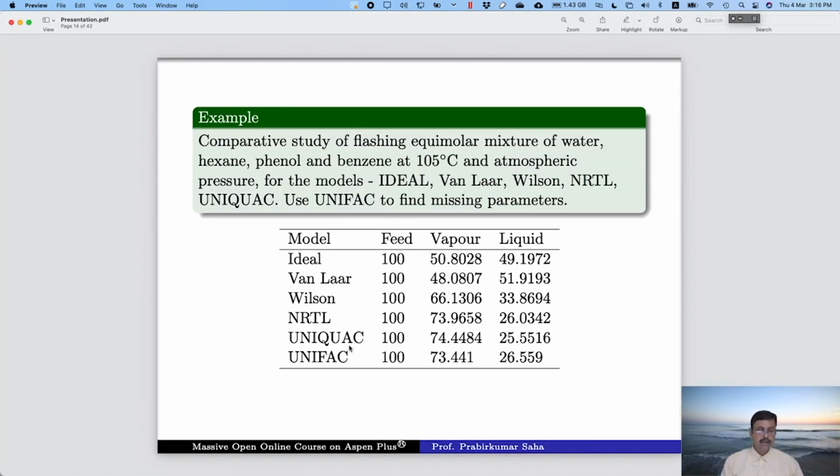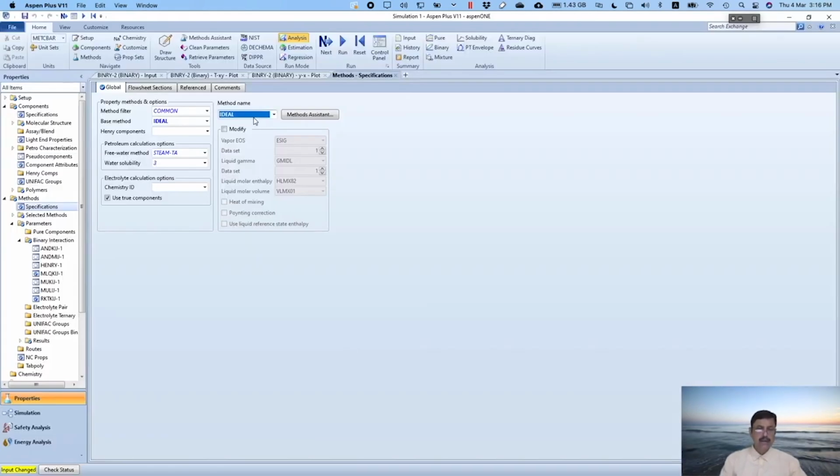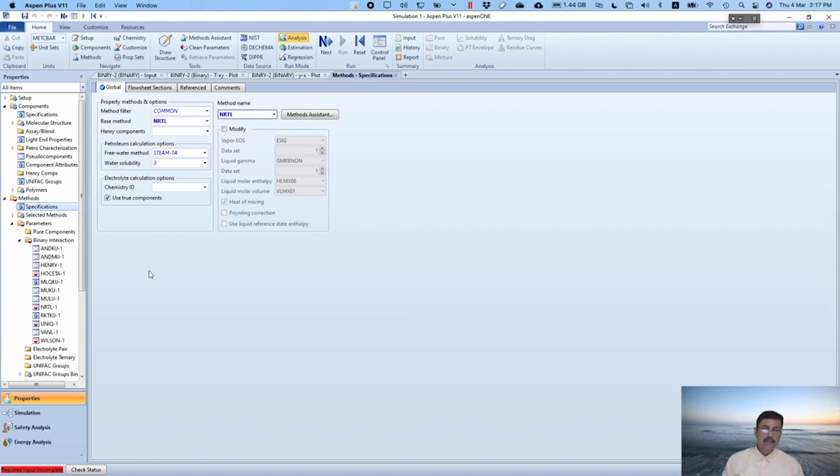So Van Laar, Wilson, Uniquark, and inertial. Okay, so press next.